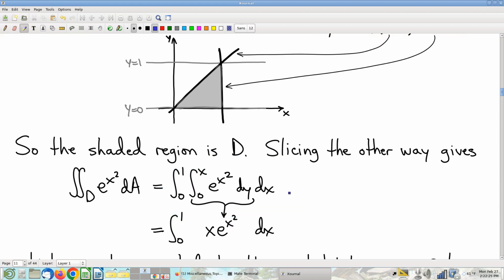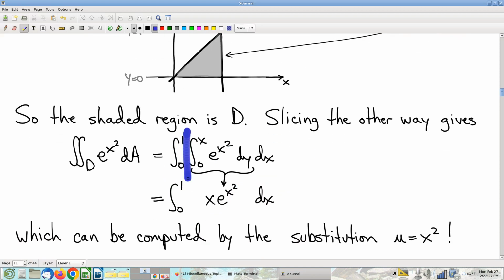So this one works out really well. This integral is super easy because, don't forget, when you're doing the inside integral, the outside variable is a constant. That means x is a constant here, so e to the x squared is a constant. It's the world's easiest integral: integral of a constant is the variable times that constant.